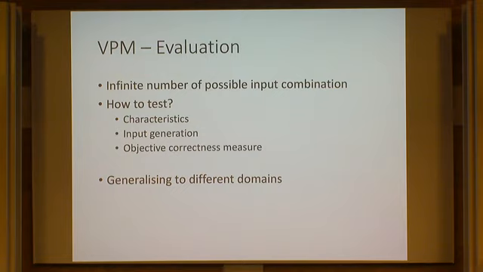Because we've managed to boil down the output of our population to a range of p-values which we can then consider and bring together, we can then say, without having to actually look at every individual model, has this model passed or has it not passed? And that means we have an objective correctness measure, so we can actually test the verified population model in lots of different ways.